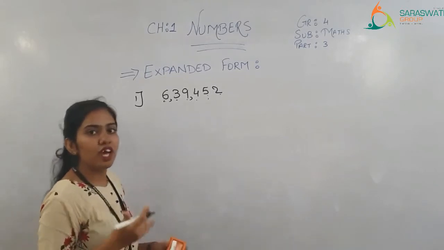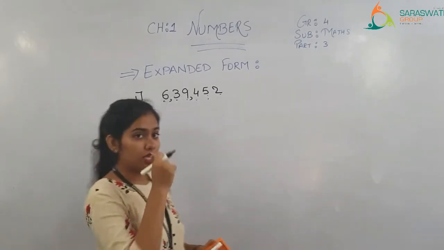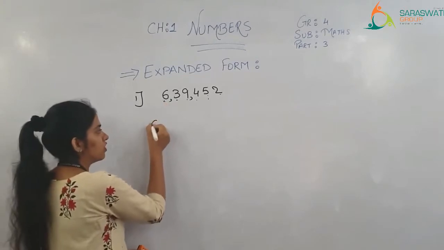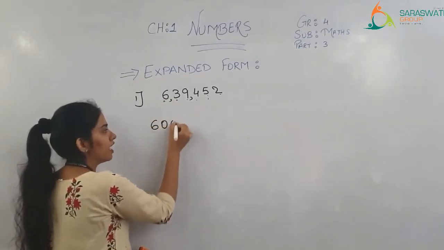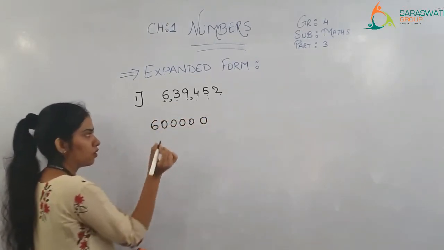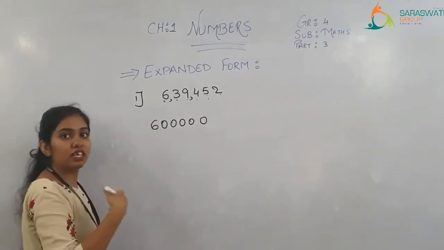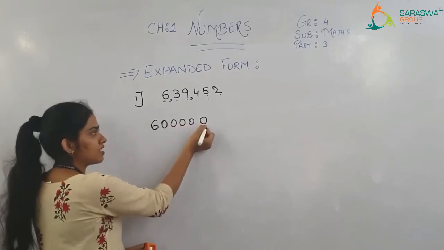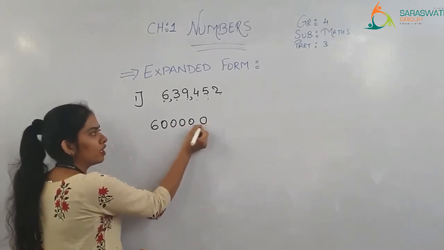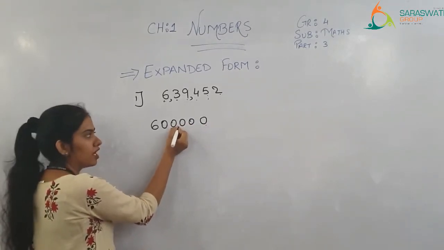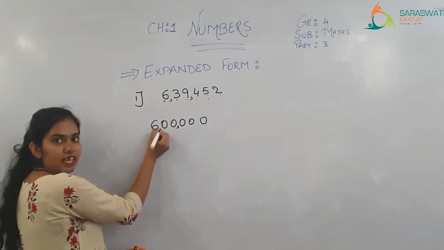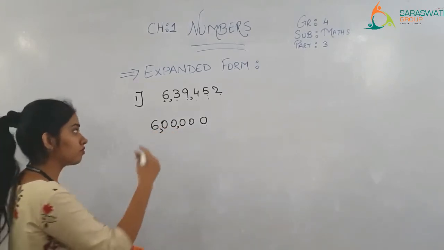So in lakhs we are having 5 zeros. So first we will write 6 followed by 5 zeros. And now we will place the comma over here so we can read it very clearly. As I said, we will start from here: ones, tens, hundreds, after the comma, thousands, 10,000s and then again a comma.